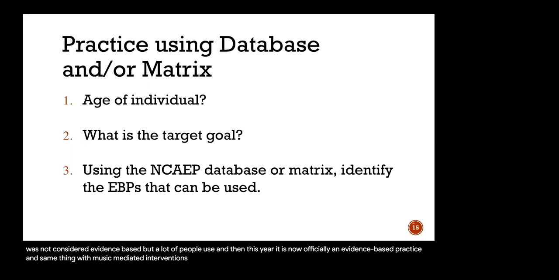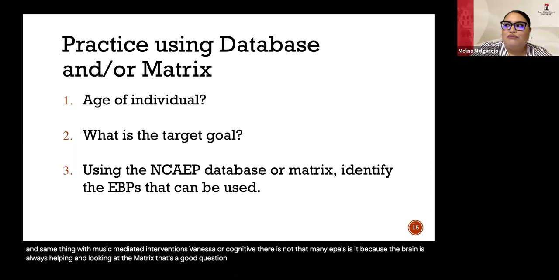We have a question from Vanessa. For cognitive, there are not that many EBPs. Is it because the brain is always developing? I am looking at the matrix. That's a good question. I don't know, Janice.